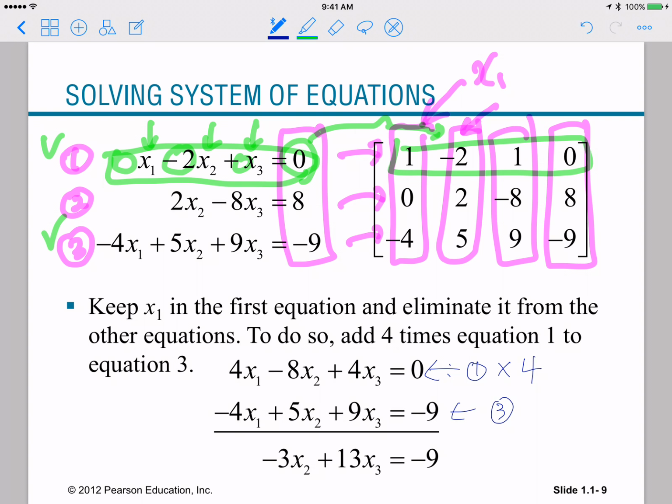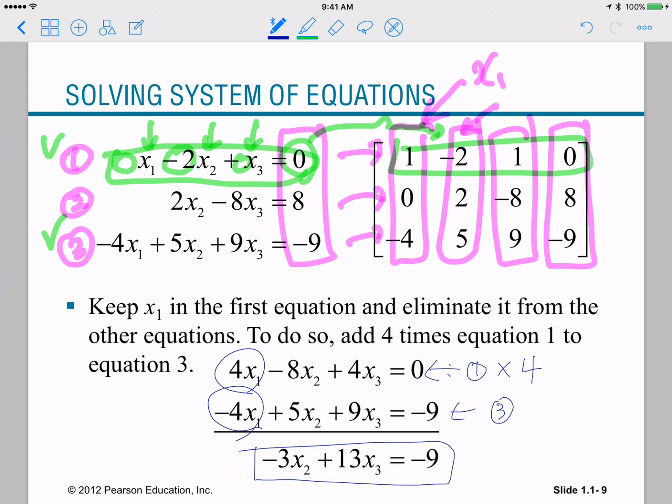Okay, and then we know this x1 is now canceling out, and thus the resulting equation will only involve x2 and x3, right? So that way we generated another equation that only involves two variables, not 3, right?